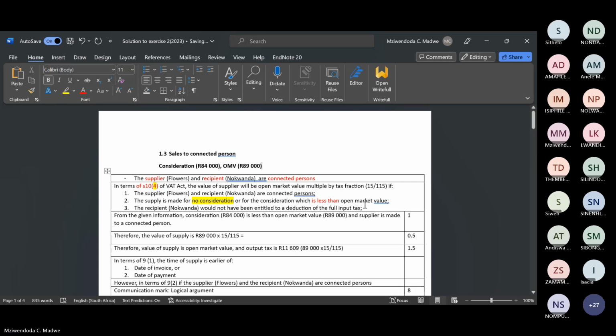You see? So the consideration in our case is less than the open market value.